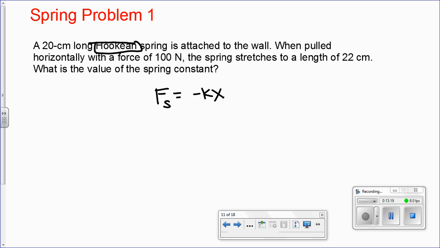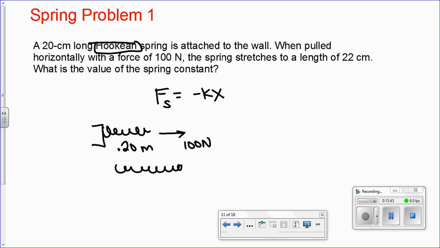But what we're saying is, here's our spring. It's attached to a wall, so this is so we can ignore gravity. Okay, it originally starts out with 0.20 meters. That's our original spot. Okay, but then we pull with 100 newton force, and now our spring gains an additional 2 centimeters. So our new spring length is 0.22 meters.